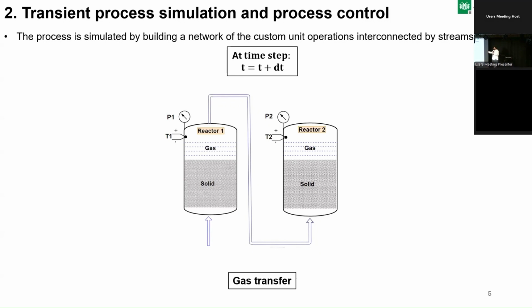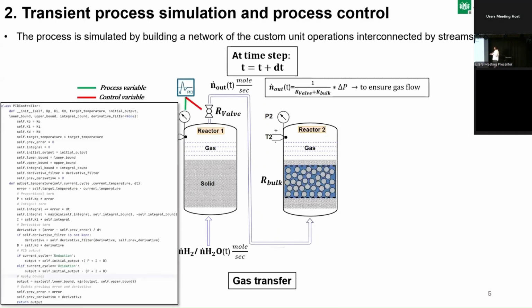So, for example, the first input stream will be hydrogen or steam, depending on the process, reduction or oxidation. And we have an output stream, which will be transferred to the next unit operation. As an example here, the other redox module.